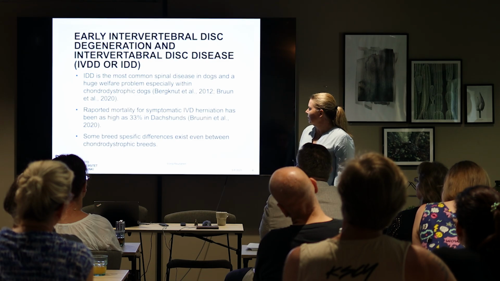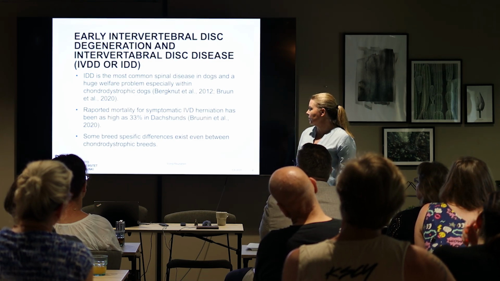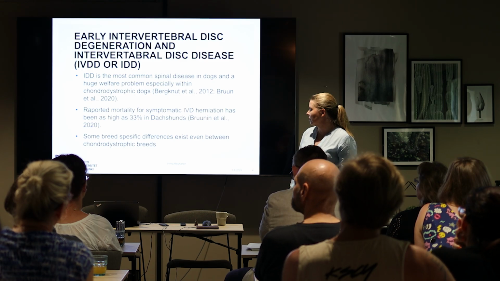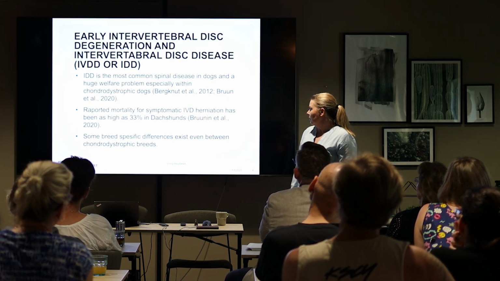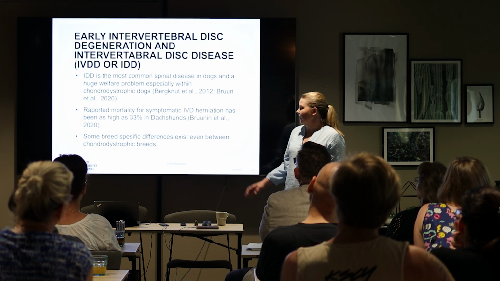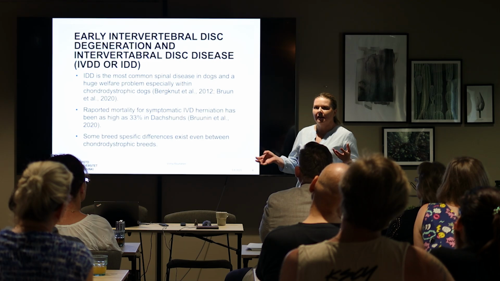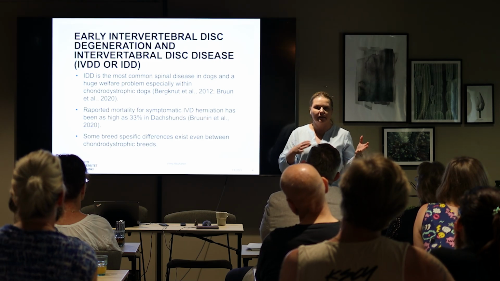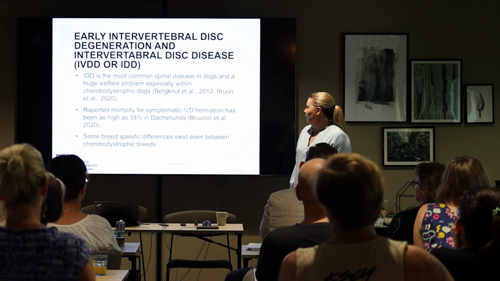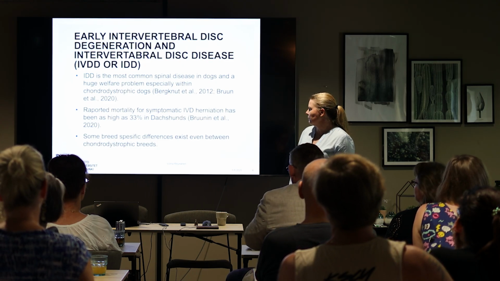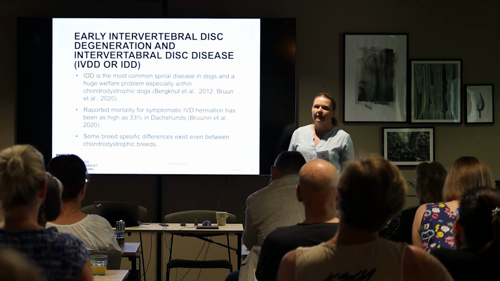So in the Dachshund, the breed that has been studied most, there was a Danish study where the mortality was as high as 33% for this disease, but they didn't die from an instance like a herniation, but from the disease over a longer period of time.